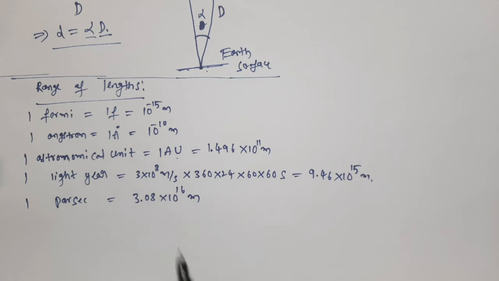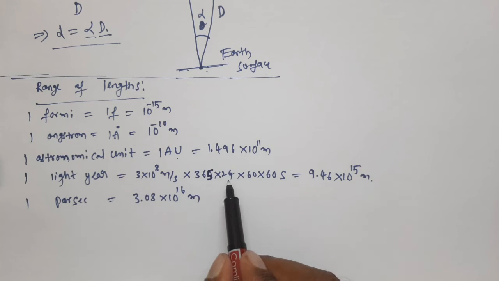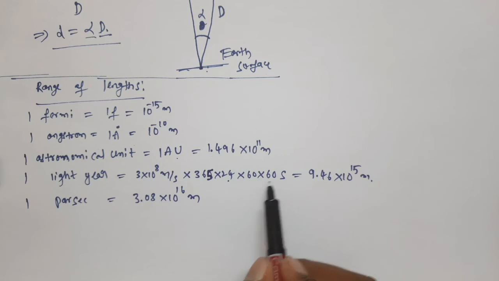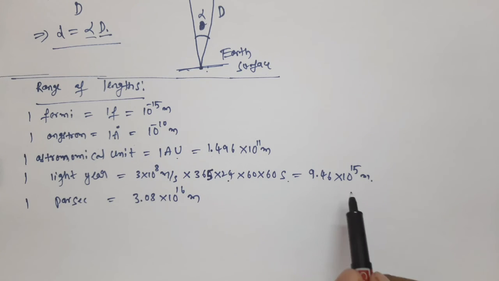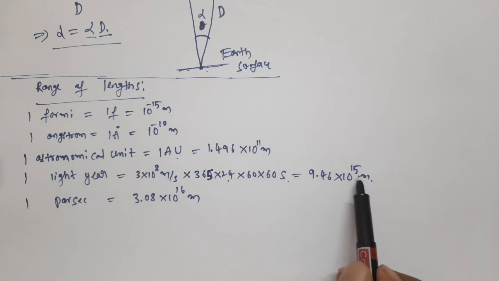So for 1 year, convert the year into seconds. For 1 year, how many days do we have? 365 days, and 24 hours. For every hour we have 60 minutes. For every minute we have 60 seconds. So now multiply these things, and we'll get 9.46 into 10 power 15 meters. So 1 light year is equal to 9.46 into 10 power 15 meters.